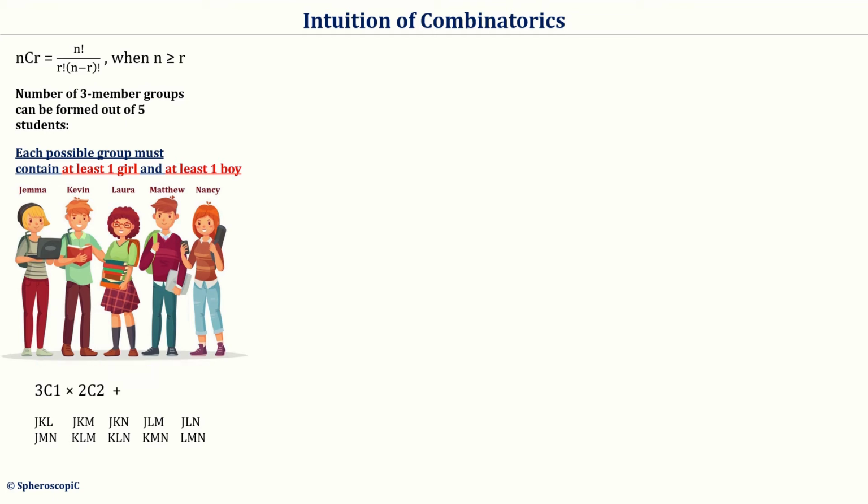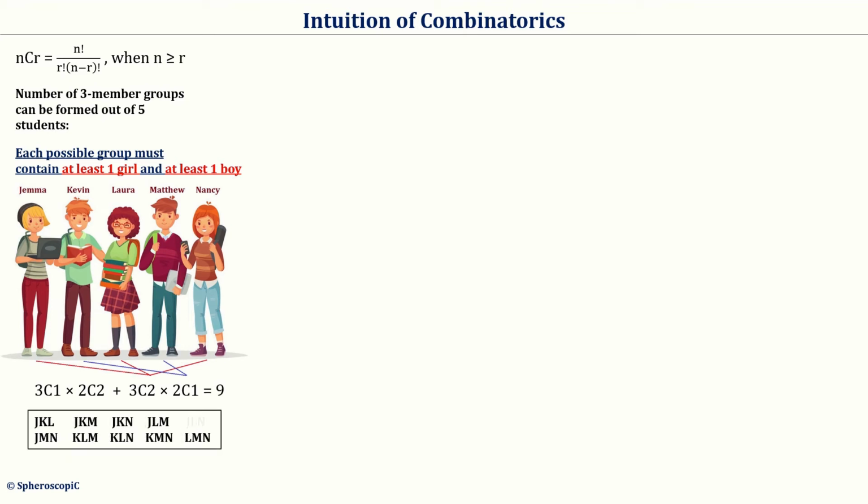Or when a group consists of 2 girls, those can be selected in 3C2 ways, rest 1 boy can be selected in 2C1 ways. So total 9 possible groups we can have, and these are the possible 3-member groups in this case.